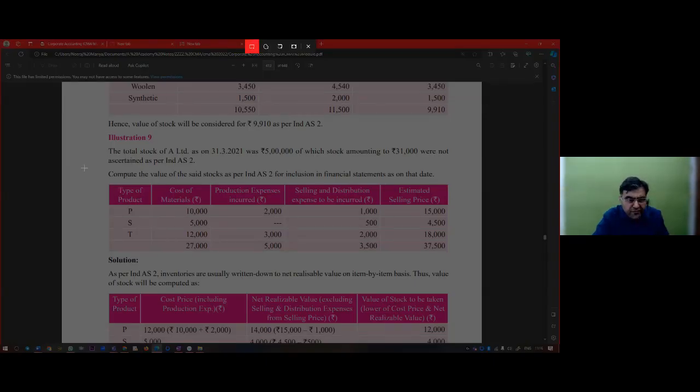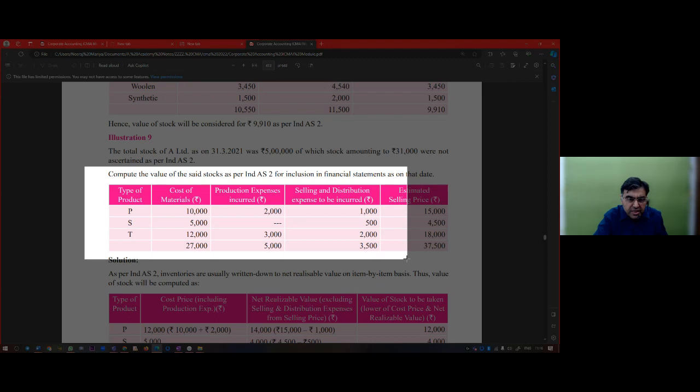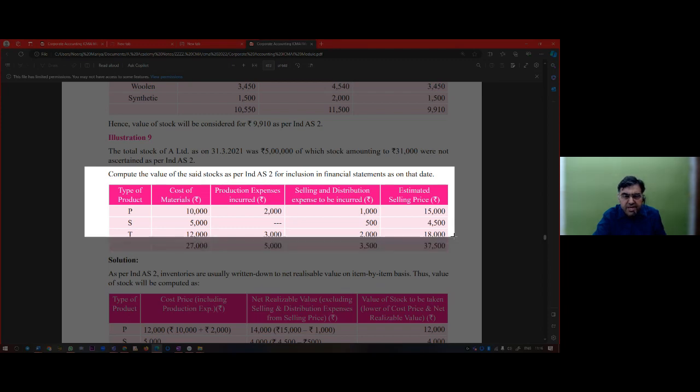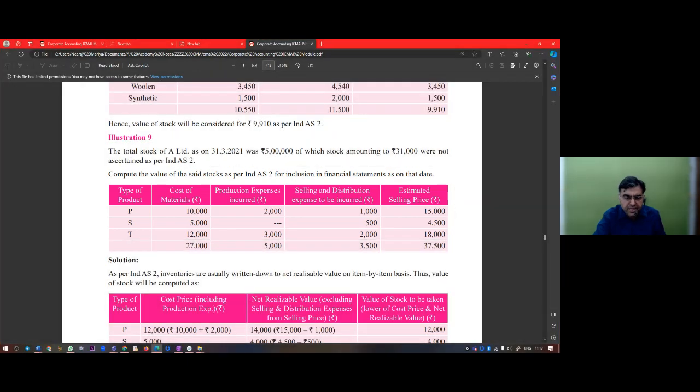Out of 5 lakhs, this is the problem area. Let's identify the problem area.